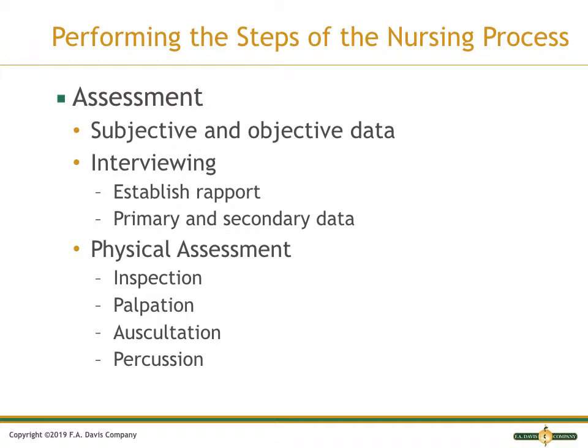Objective data is vital signs. If they're diaphoretic, you can touch them and they might have cool or clammy skin. Maybe they have foul smelling urine. Other types of objective data are going to be your diagnostic exams, which you need to start becoming familiar with. Specifically, I want you to become familiar with the CBC and CT scans.